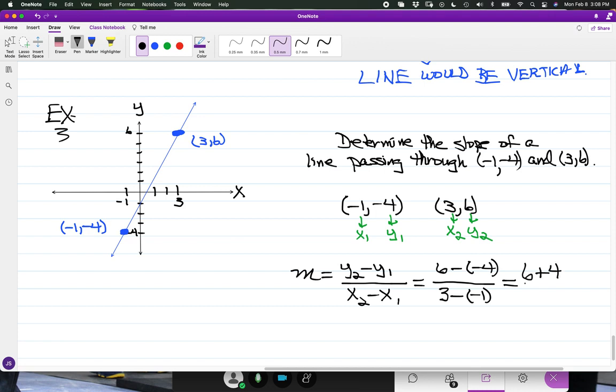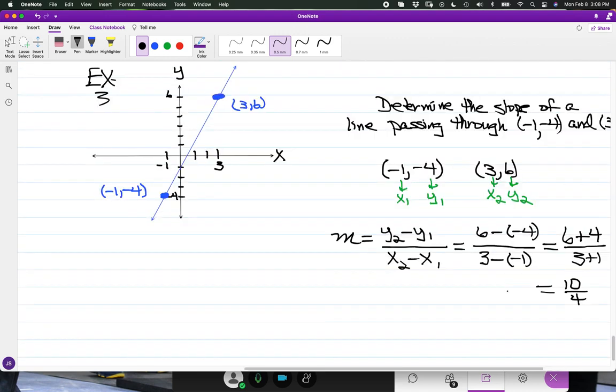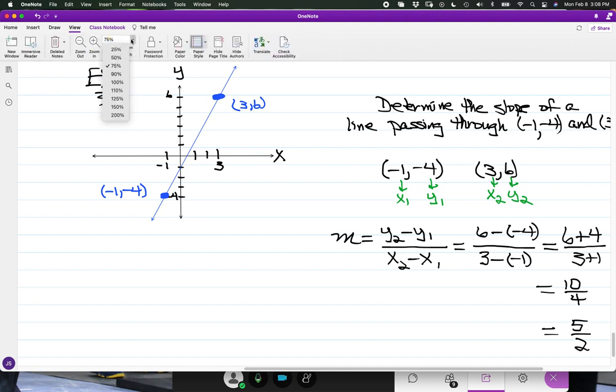So we're going to have 6 plus 4 all over 3 plus 1. 6 plus 4 is 10. 3 plus 1 is 4. And the ratio in the slope can be reduced to 5/2.